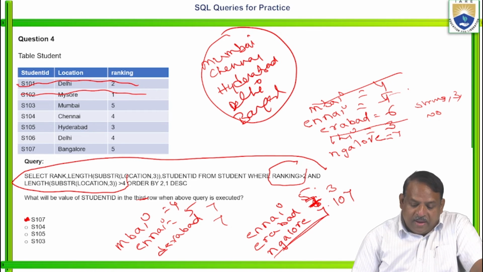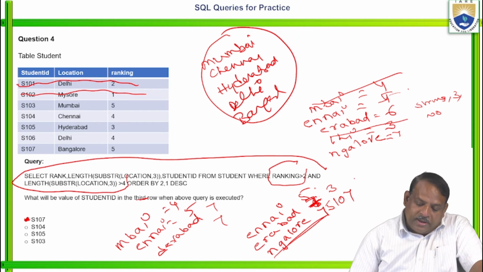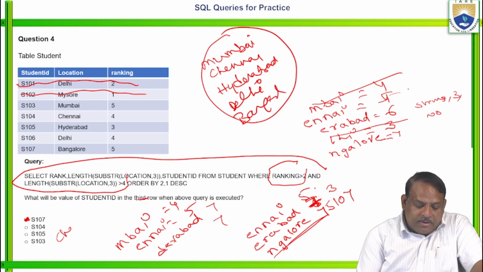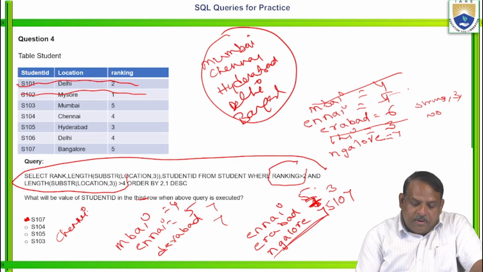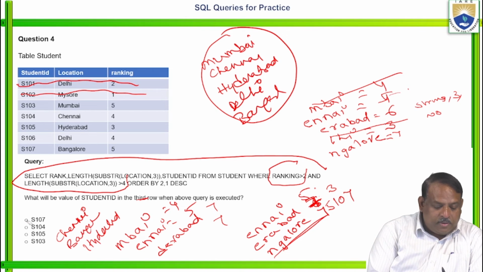Bangalore rank is 5. So we have to sort once again. Chennai will be the first record. Bangalore will be the third record, because sorting by rank descending, 5 comes first. Then Hyderabad. So the answer should be 105, not 107.